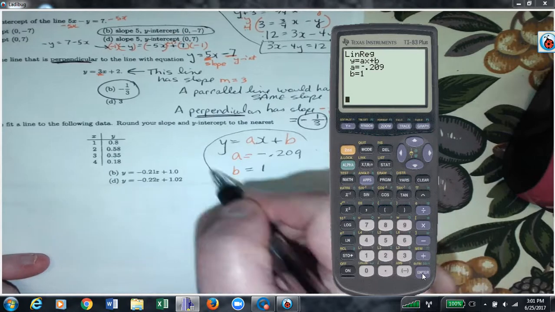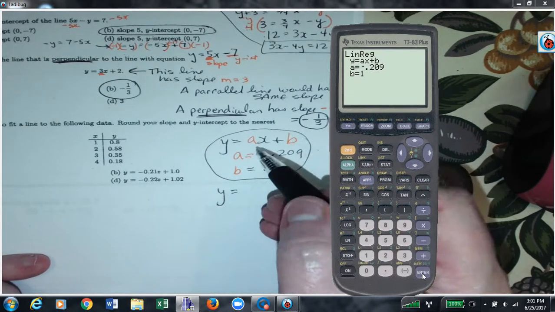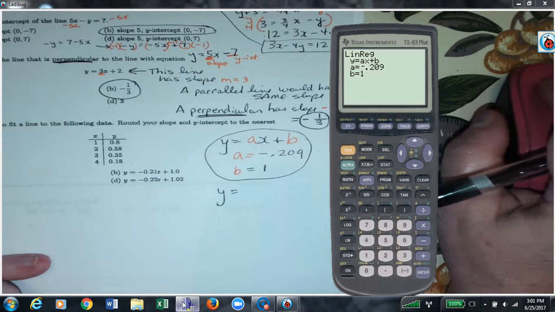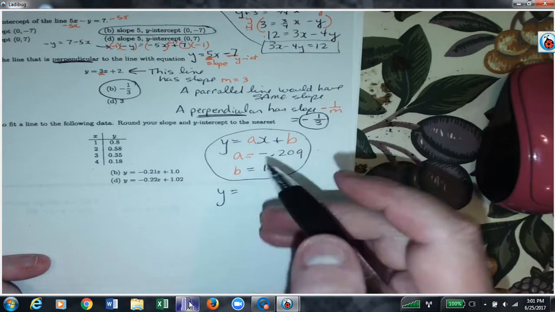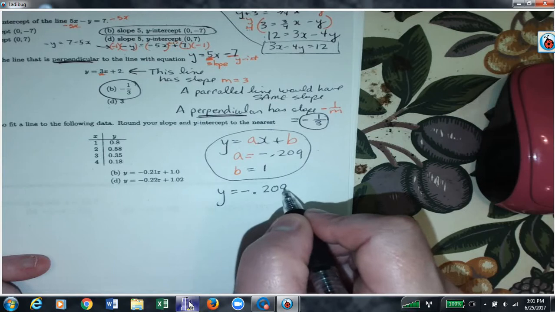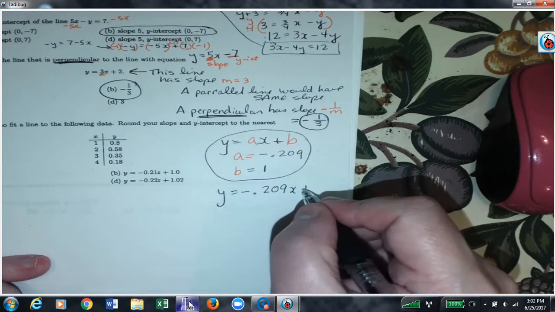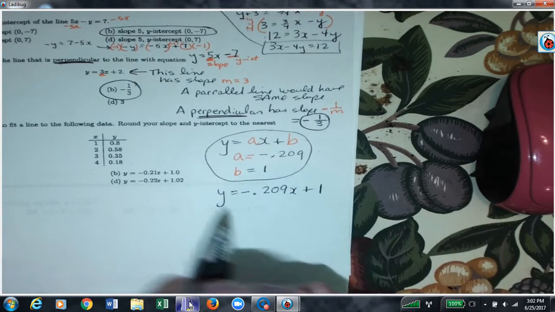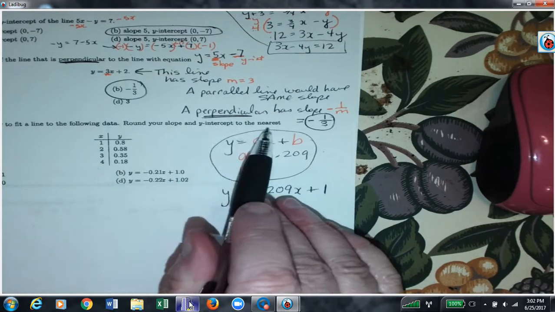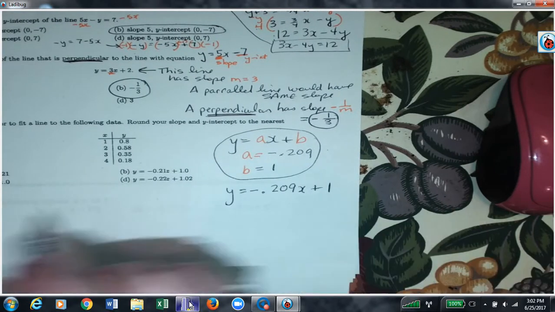1. So I'm going to write all of this together to get my line. Y is equal to A, the red A, which is negative 0.209 times X, plus B. Now, it said to round it to the nearest hundredth. Everything is rounded here to 2 decimal places.